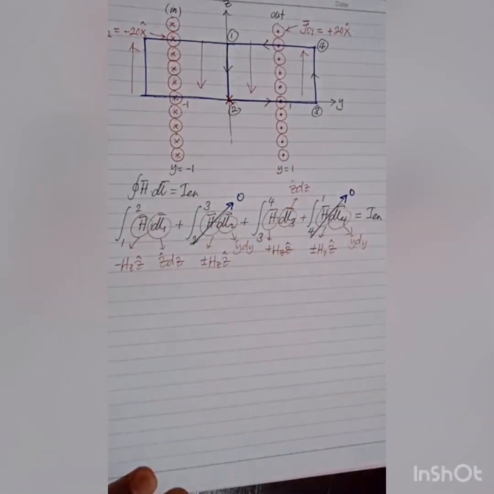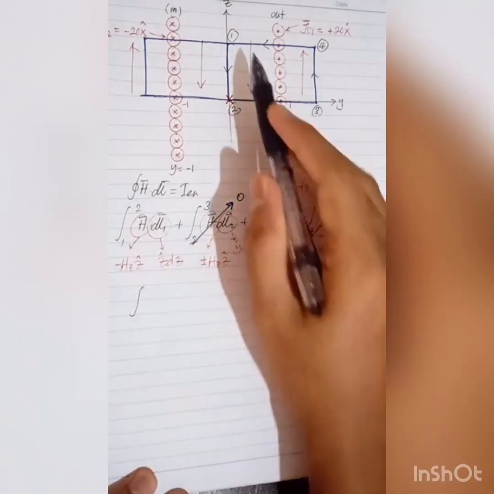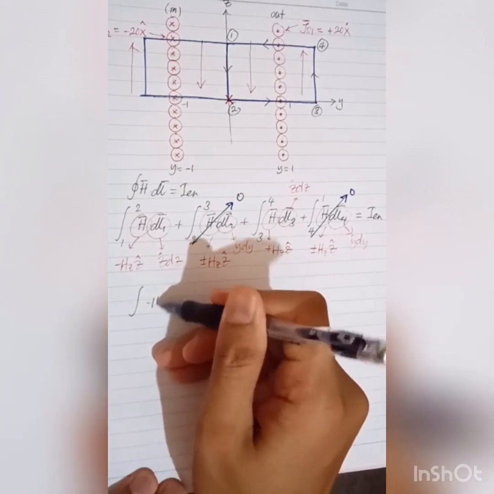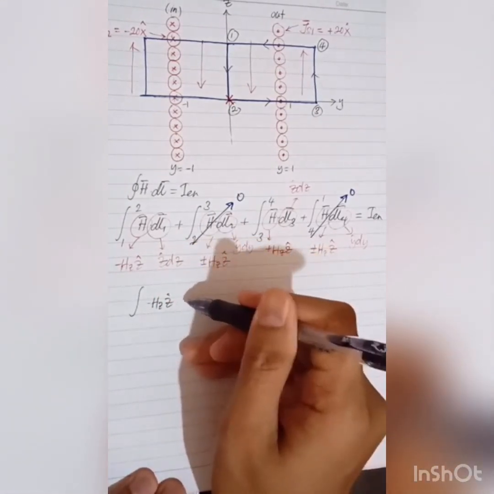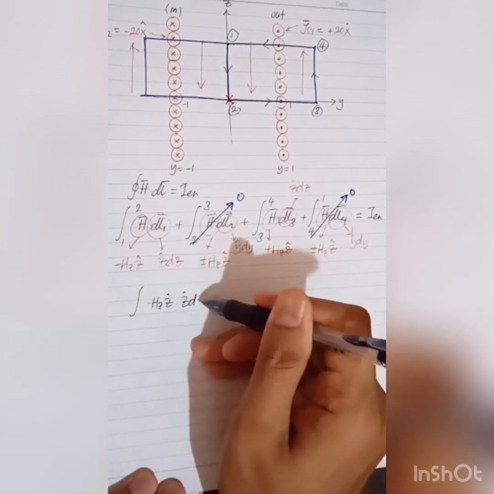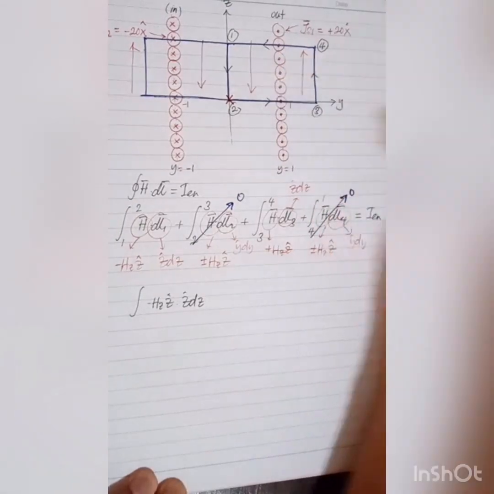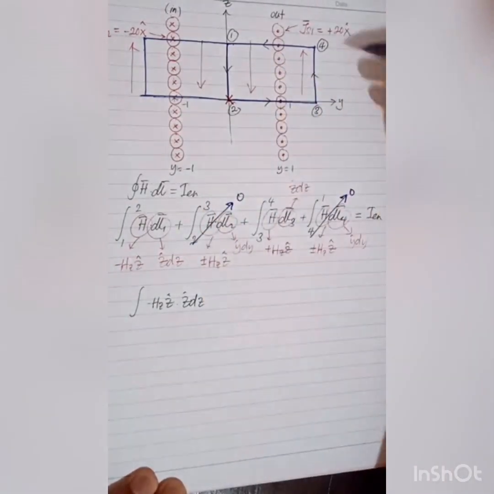So now for the first path, from 1 to 2, here we have a negative Hz in the z direction dot dz for the first part. So now look carefully. Let's say I assume that this loop has a height of h.